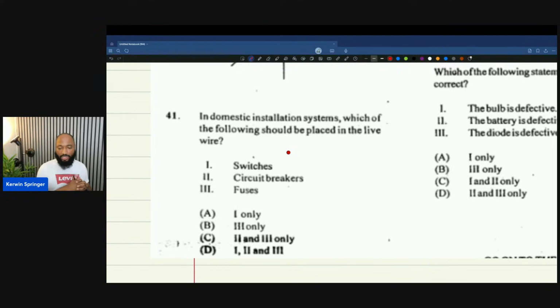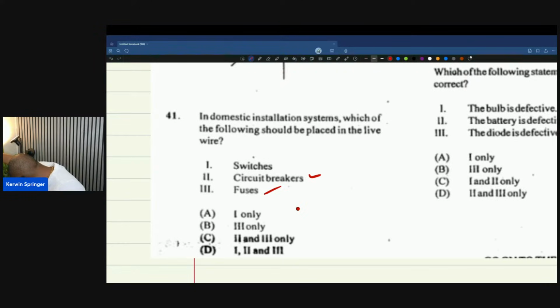In domestic installation systems, which of the following should be placed in the live wire? Who we want to place in the live wire? We place switches in the live wire too. For sure, we put in the circuit breakers and the fuses in the live wire.